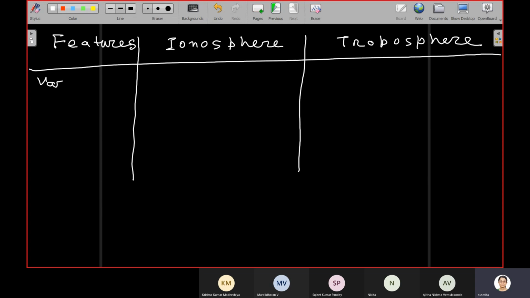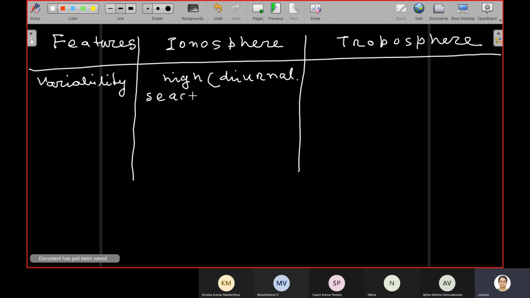The first one is variability. Variability is high in case of the ionosphere because it depends on so many factors. So it can have diurnal variation, seasonal variation. It also depends on solar activities.